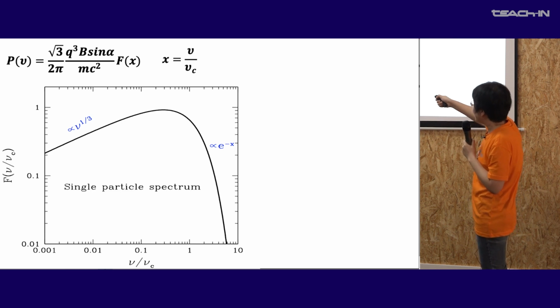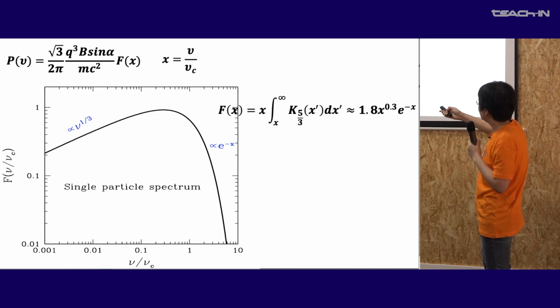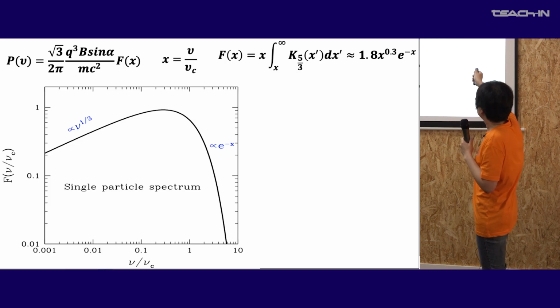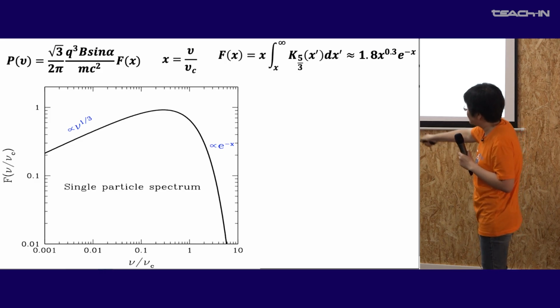Here, x is a factor in this formula, and F(x) comes from a Bessel integral. If you do the simplification, you get 1.8 times this, and then you get your formula here with a shape like that.